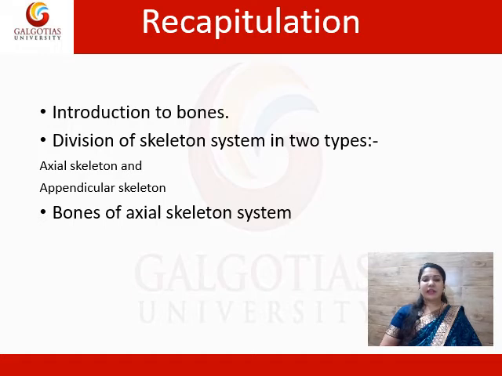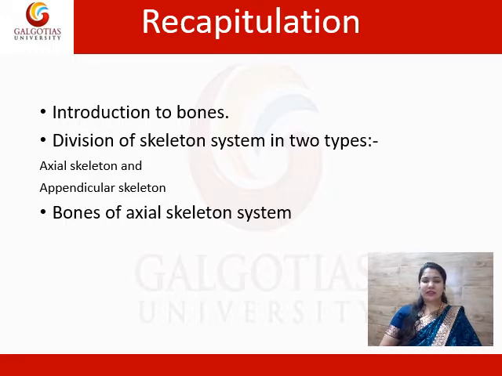We studied that the skeleton system is divided into the axial skeleton and the appendicular skeleton. In our last class, we also learned about the axial skeleton and the bones associated with it. And today we will discuss the remaining part, the appendicular skeleton.